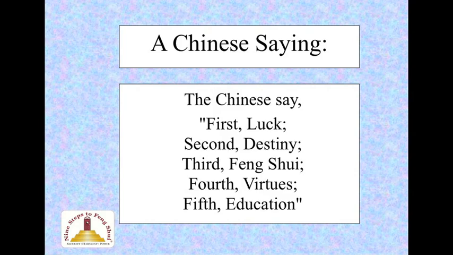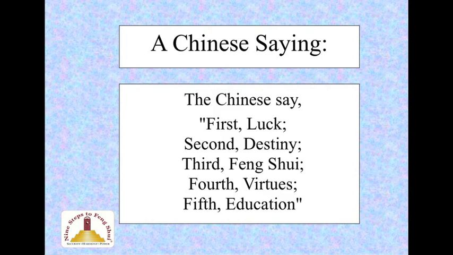And I'll explain in a little bit why I chose this arrangement. Then third is always Feng Shui. In any version of this saying that you find, Feng Shui is always considered third. For the fourth one, sometimes it's called virtues, sometimes it's called philanthropy. And other times it's related to the idea of karma.